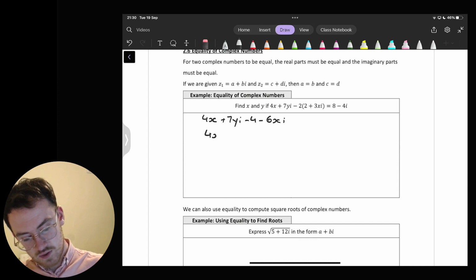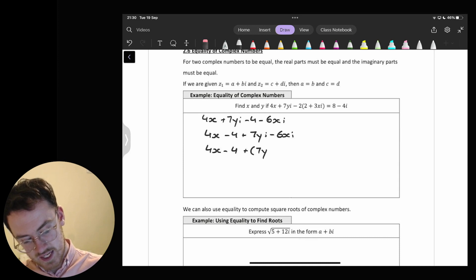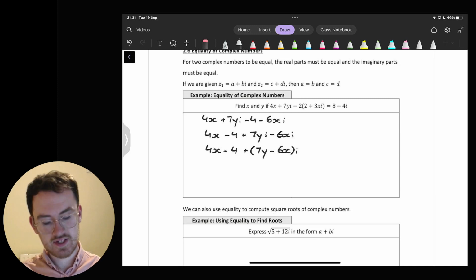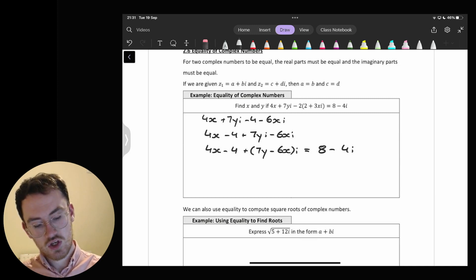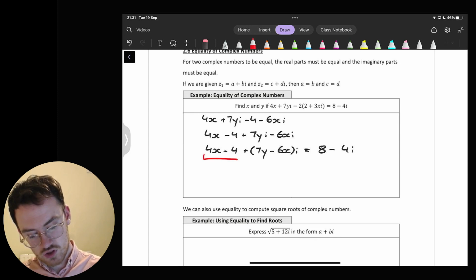Then let's try and group together anything that has and doesn't have an i part. And then the last thing we can do would maybe just be to factor out that i part and group together the things in front of the i on the left-hand side. We're going to be comparing this with what we have on the right-hand side. So starting first of all with just the real parts.